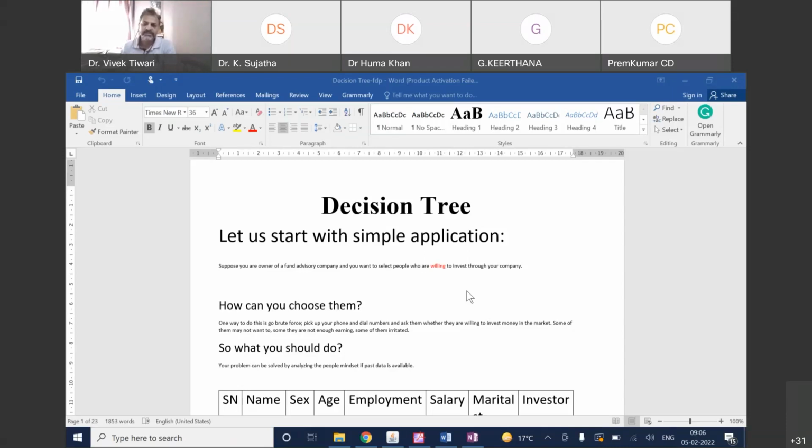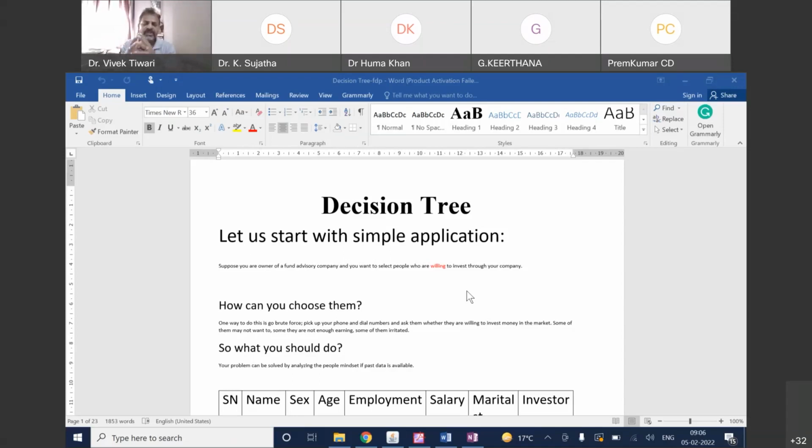Before diving into the detailed discussion about ID3, it is always better to understand the history and background of something we start learning new. Because decision tree, I agree, comes under machine learning, but it has its own space, its own separate dimension.